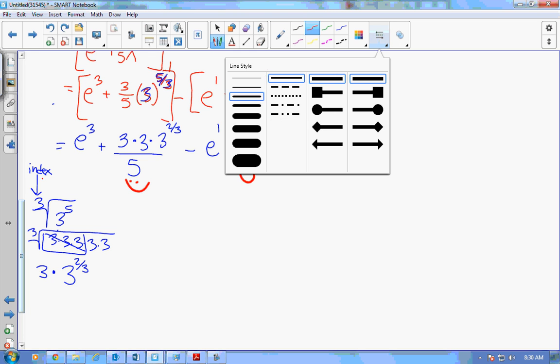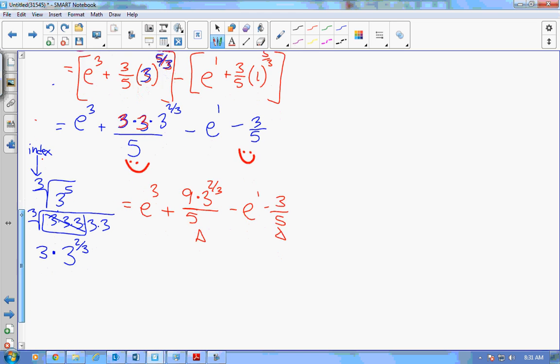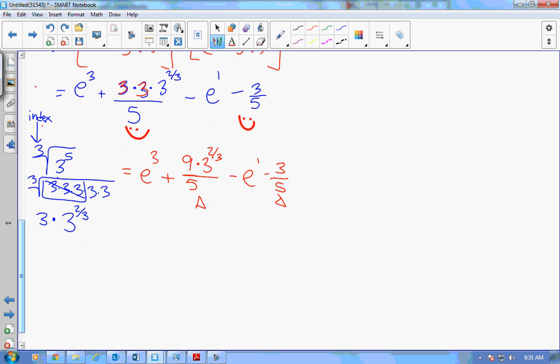Okay, if I simplify the fraction that looks kind of hideous, I actually have 9, because 3 times 3 is 9, times 9/5 times 3 to the 2/3. And because these two have a common denominator, we can add them. We can add them.